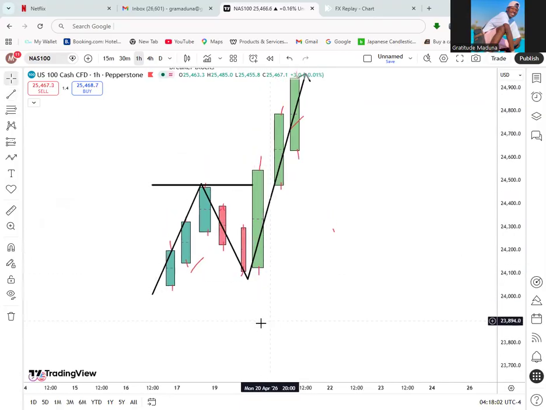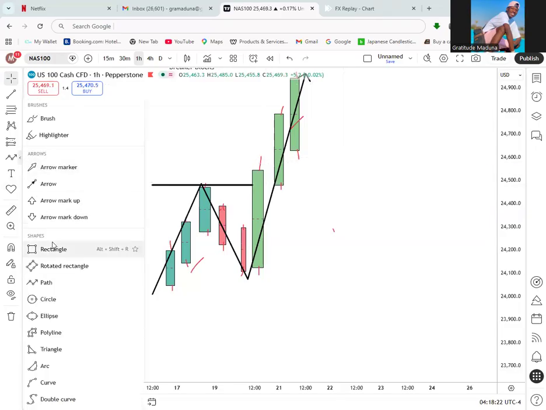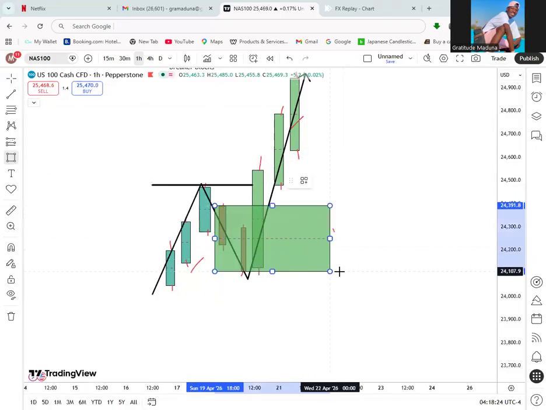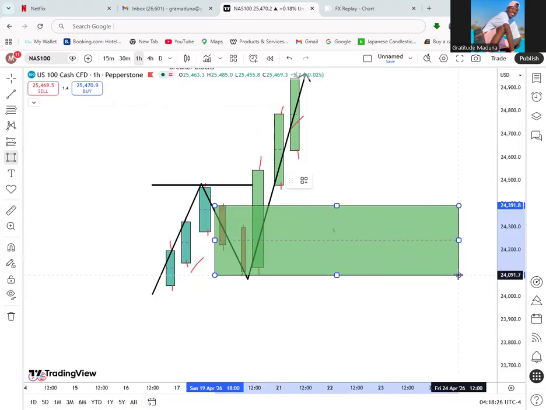Sometimes I just look at the size, which is something I explain in more detail in the mentorship. So if we are buying, the last red candlesticks before that shoot to the upside, that's my supply zone. So I'll mark it like this. This whole two candlesticks will be my supply zone.